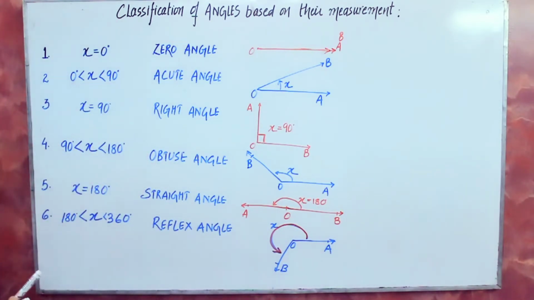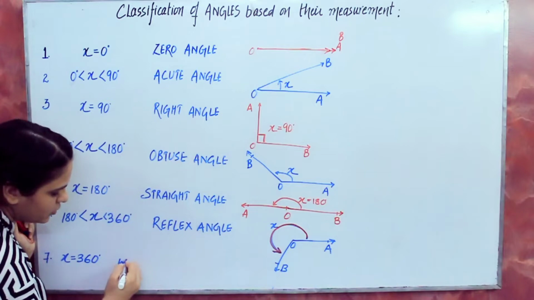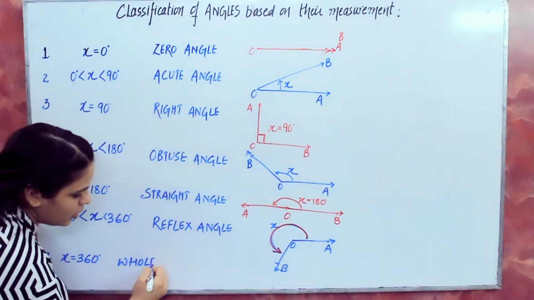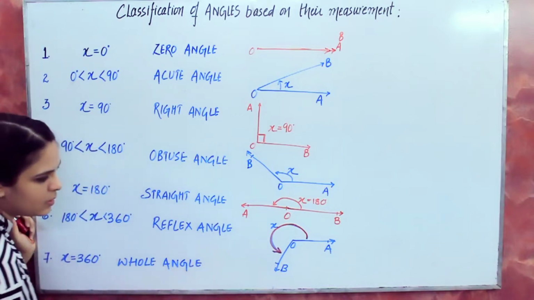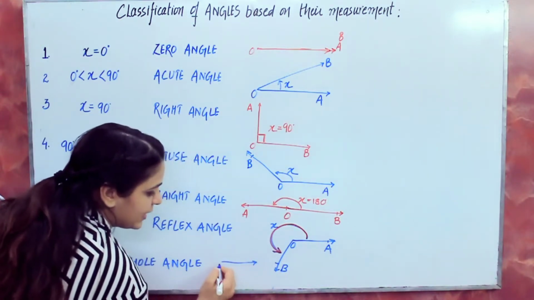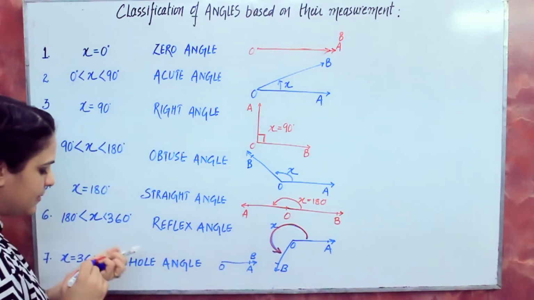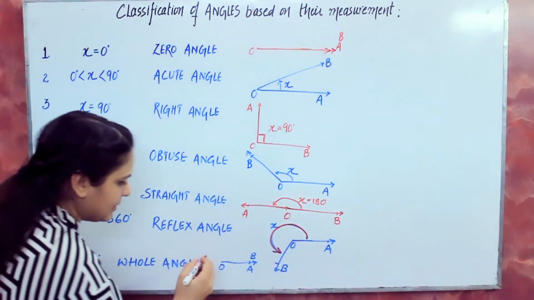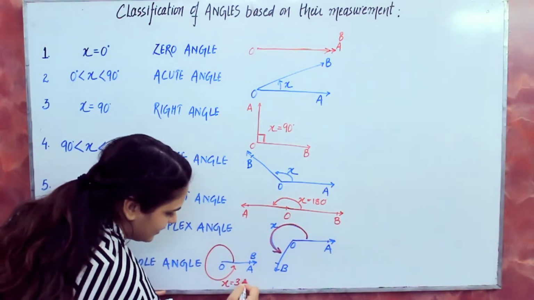Now the last one is when X is equals to 360 degree. This is known as complete angle or whole angle. Again, two rays will coincide, but this complete angle is equals to 360 degree.